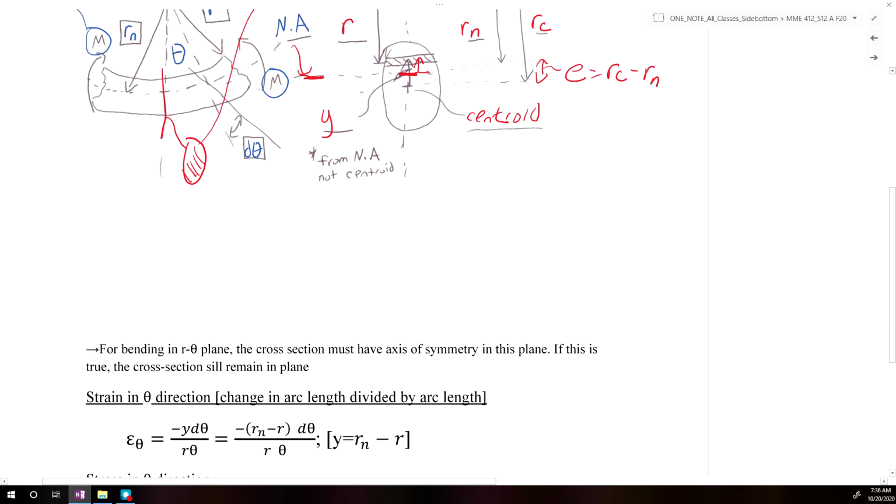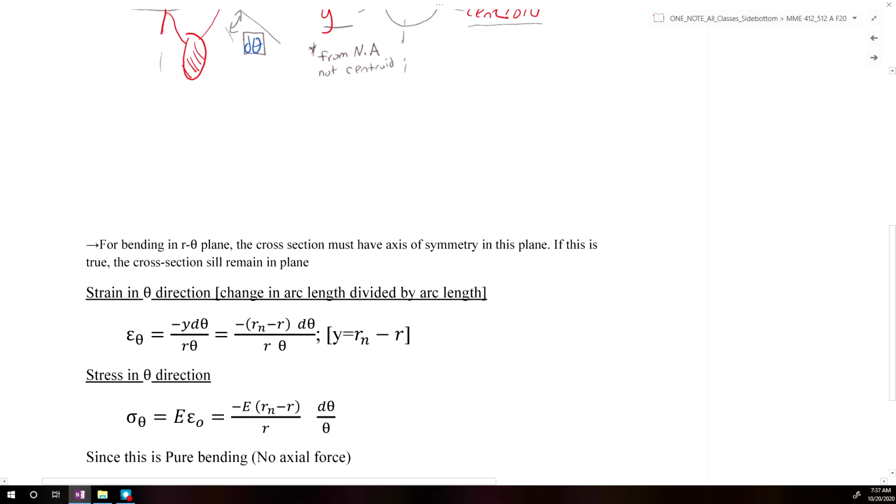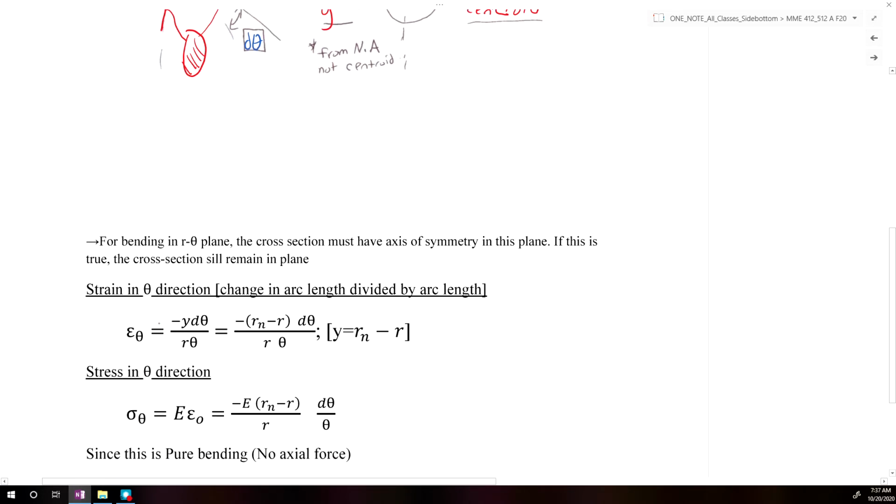Using these definitions, we can determine a few things about our section. The first thing we can do is determine our strain in the theta direction.